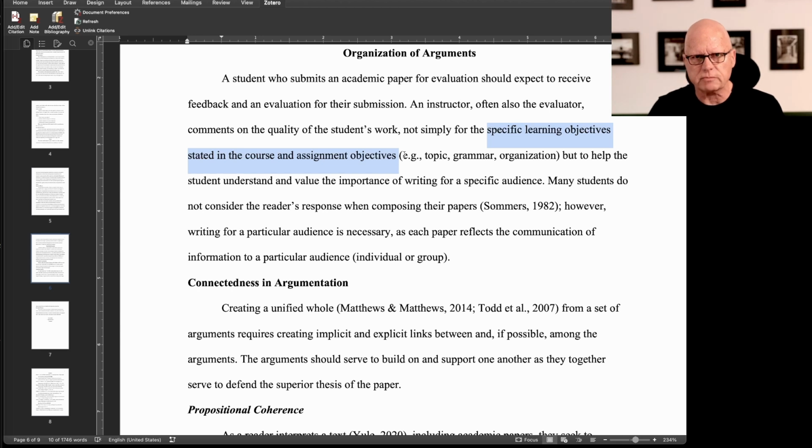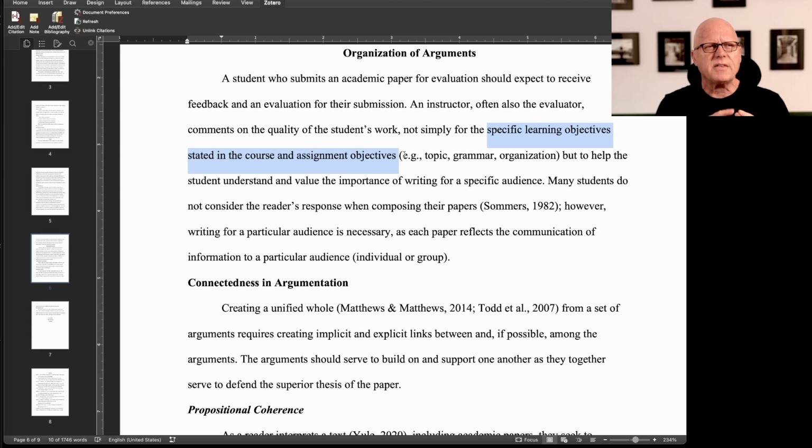Yes, many faculty focus on ensuring that students are aware of, and in some cases have memorized, particular facts.